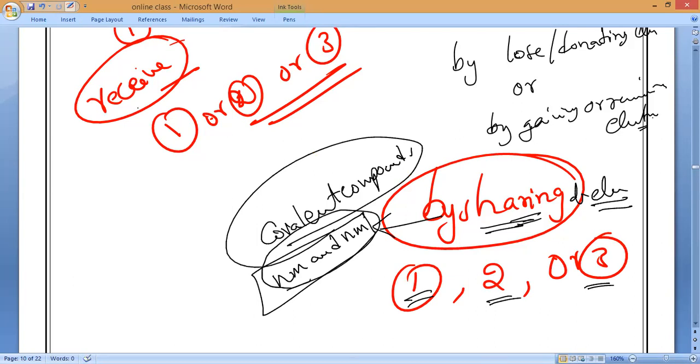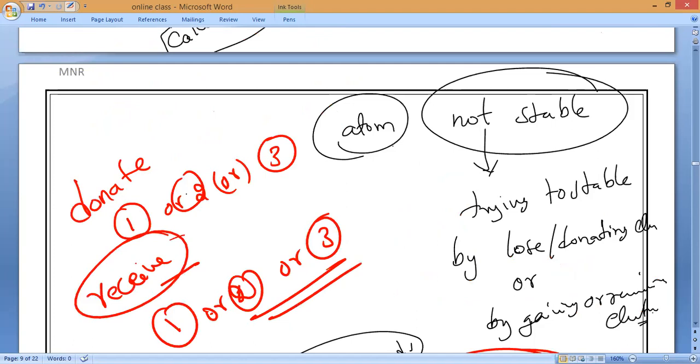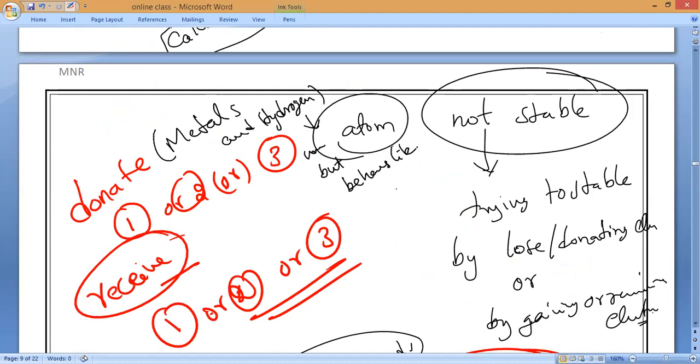Now, in receiving and donating, who will donate the electrons? Metals and hydrogen also. Please remember, even though hydrogen is a non-metal, it behaves like a metal.